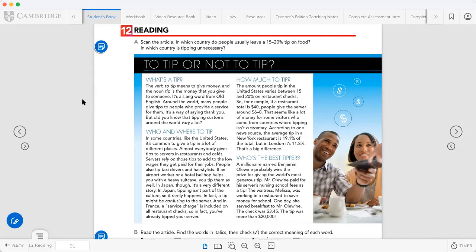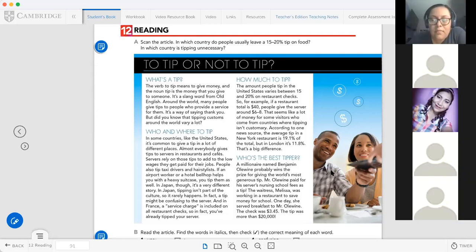In some countries, like the United States, it's common to give a tip in a lot of different places. Almost everybody gives tips to servers in restaurants and cafes. Servers rely on those tips to add to the low wages they get paid for their jobs.